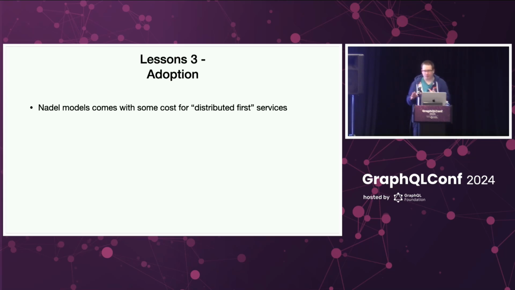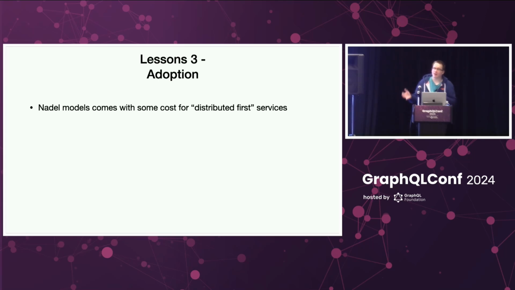But if you have teams that start with a distributed-first mindset, and with that I mean that they start contributing to the gateway from day one, so they really want to get on board the gateway and expose their API through it, then there's a cost to having a separate central schema and a separation between supergraph and subgraph.